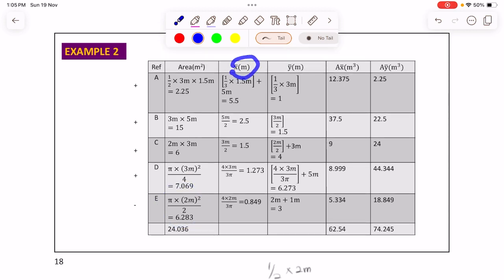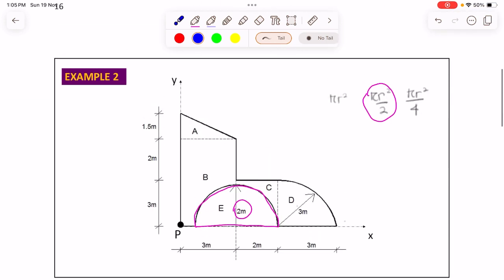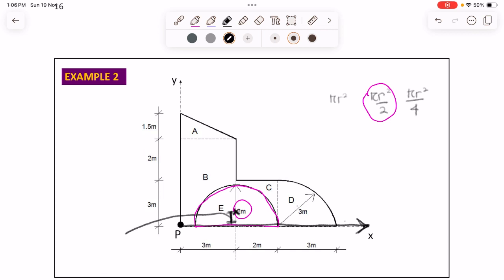And to get the x bar, it will be from the centroid of this semicircle to x axis, sebab ni adalah x bar. Nak ke x axis lah. What actually the value here? So formula juga boleh refer to handout.